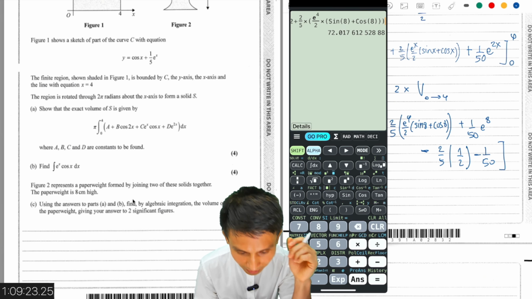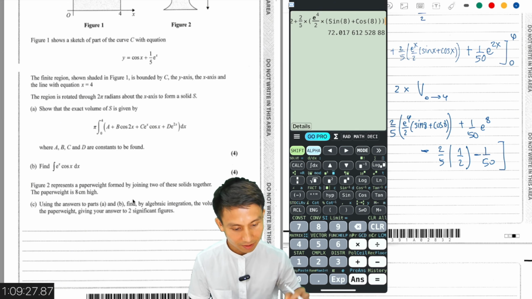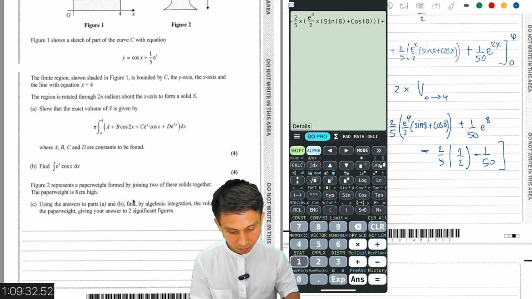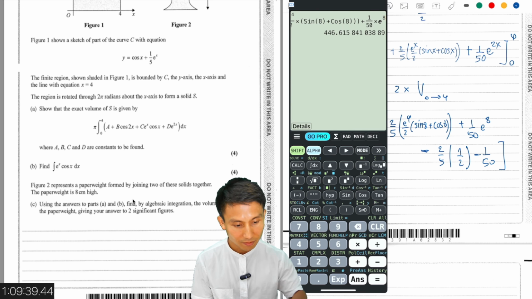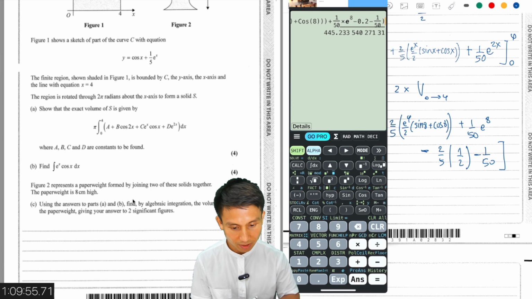Do I have too many brackets here? No, I think I'm fine. And then plus 1 over 50 times e to the 8. And then down here I have minus 1 over 5, so that's 0.2. Minus 1 over 50. I think that's everything. Close bracket.